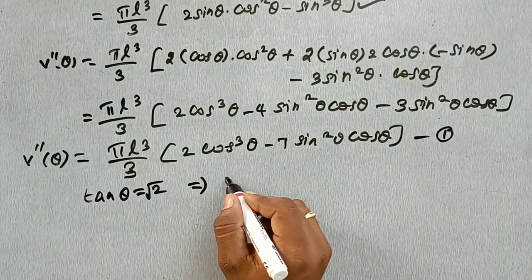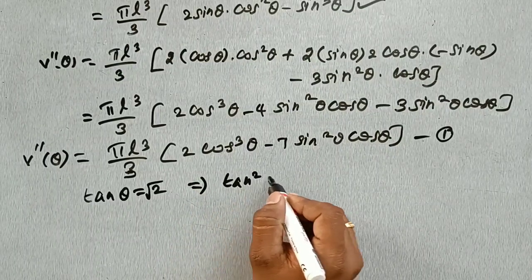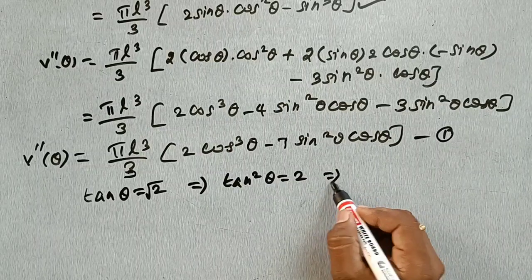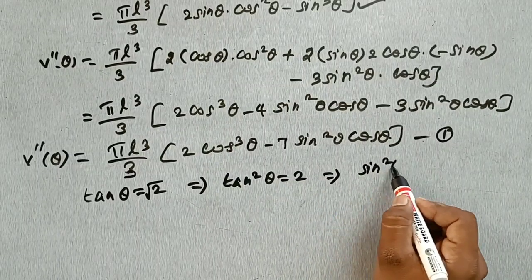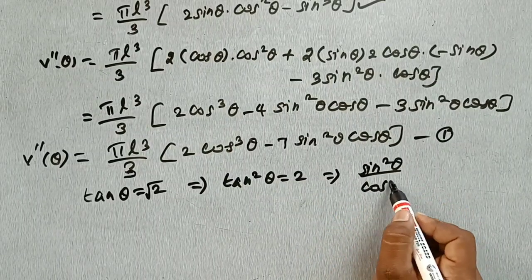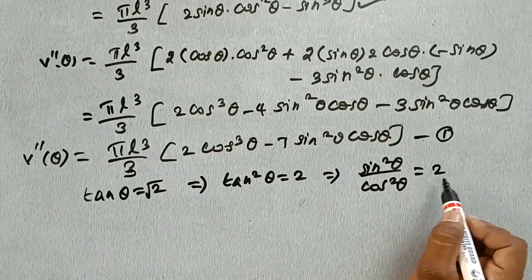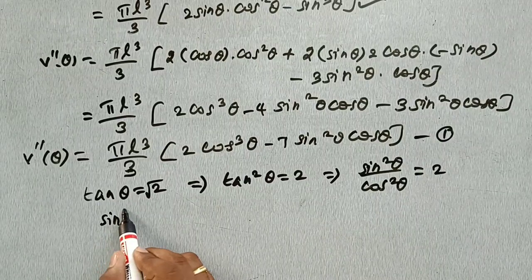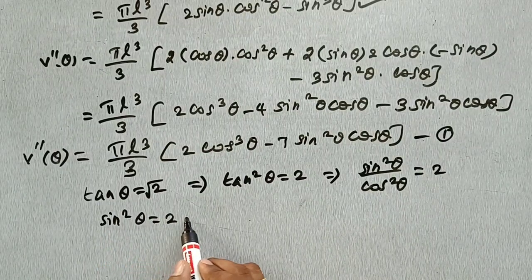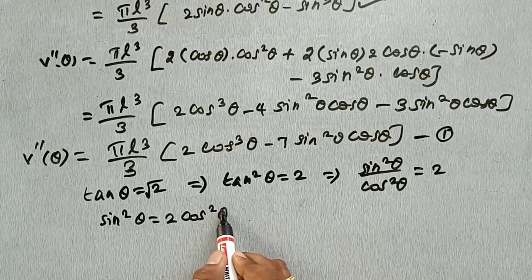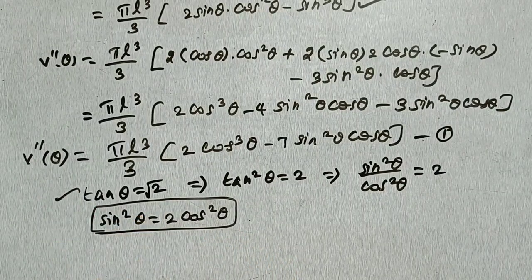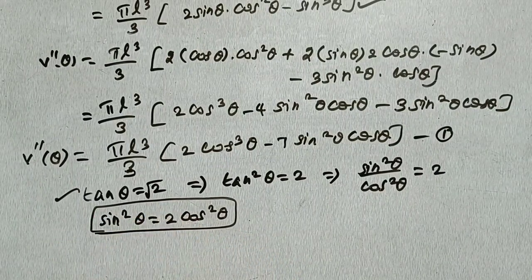This implies tan square theta equal to 2. This can be written as sin square theta by cos square theta equal to 2. So sin square theta equals 2 times cos square theta. This is equal to our tan theta equal to root 2, or theta equal to tan inverse of root 2.